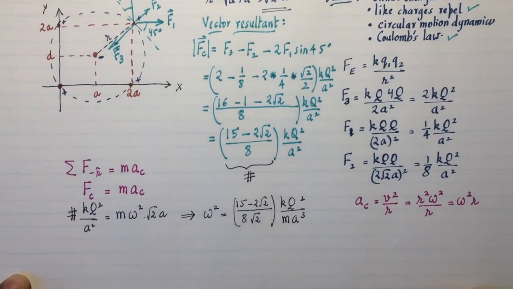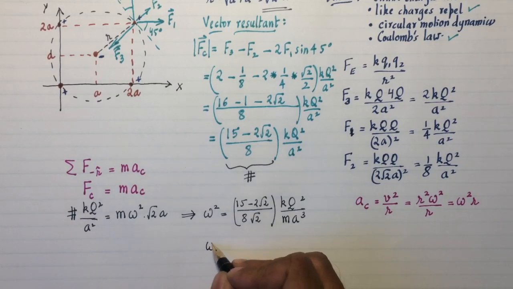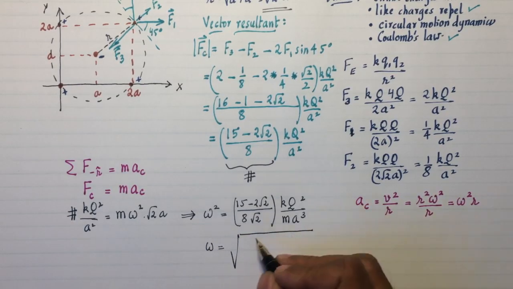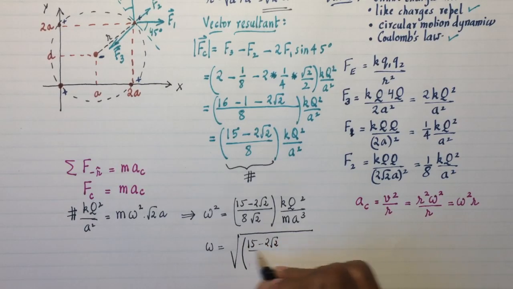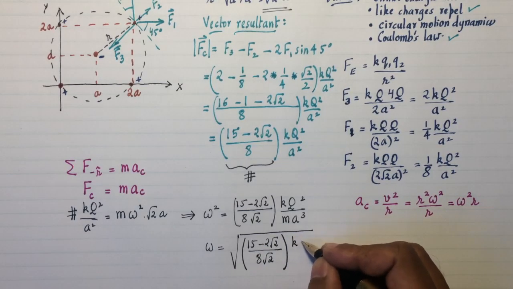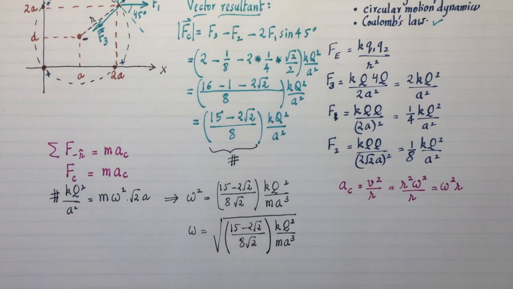Now that is the square of the angular velocity. So the angular velocity itself is the square root of this quantity. It's pretty bizarre looking.